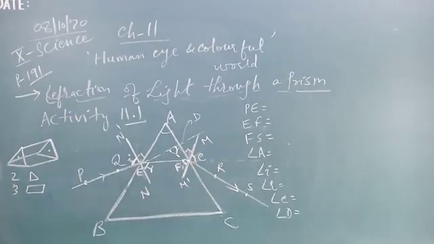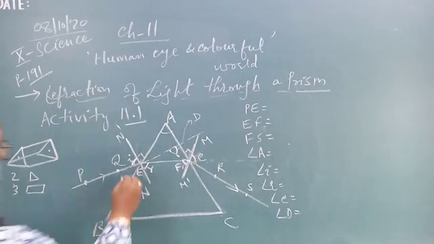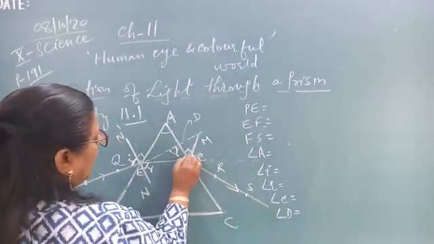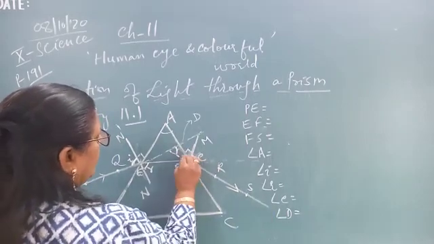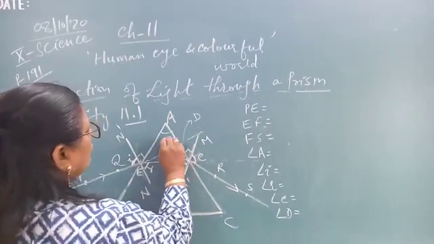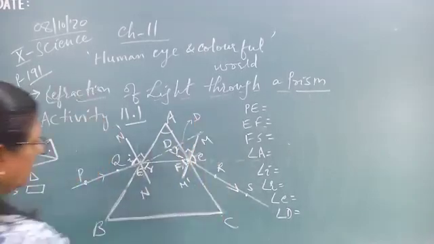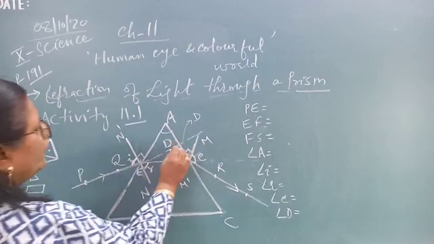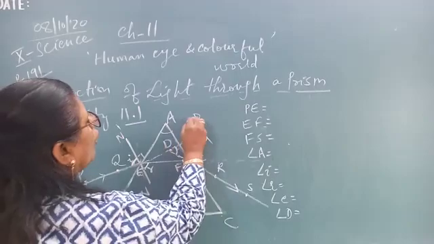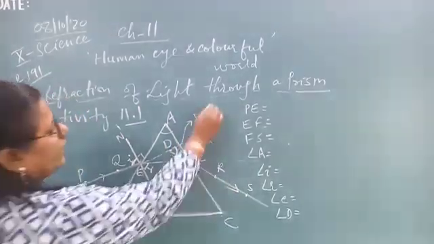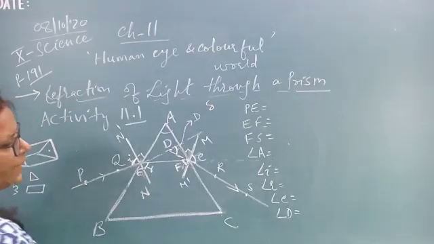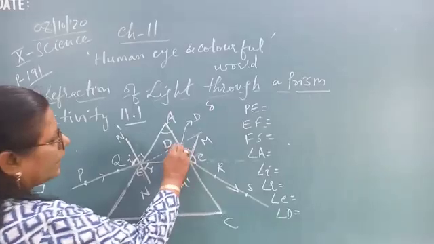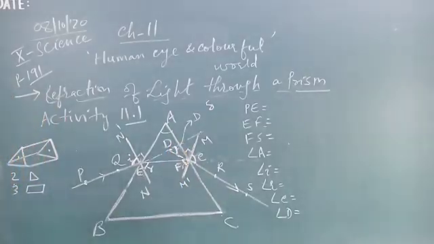Now extend the incident ray PE and the emergent ray RS backwards; they will meet at a point which we call D. The angle formed here is the angle of deviation, denoted by delta, or we can also write angle D. So angle D is called the angle of deviation.